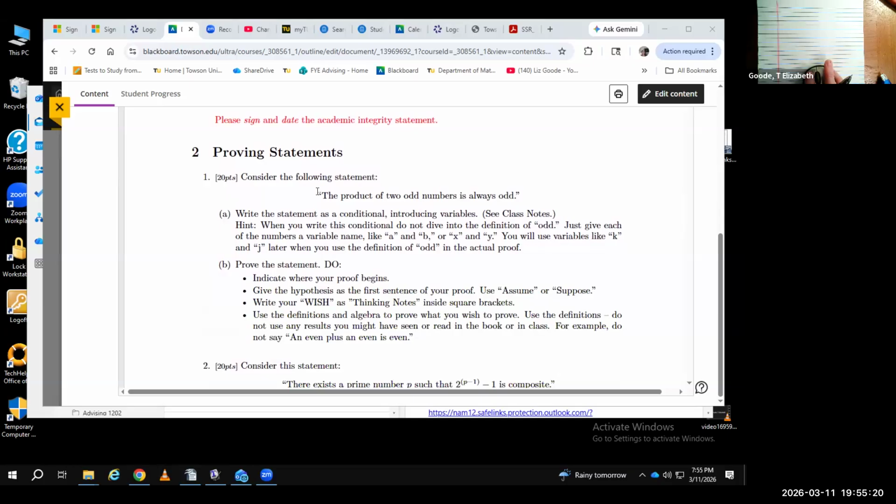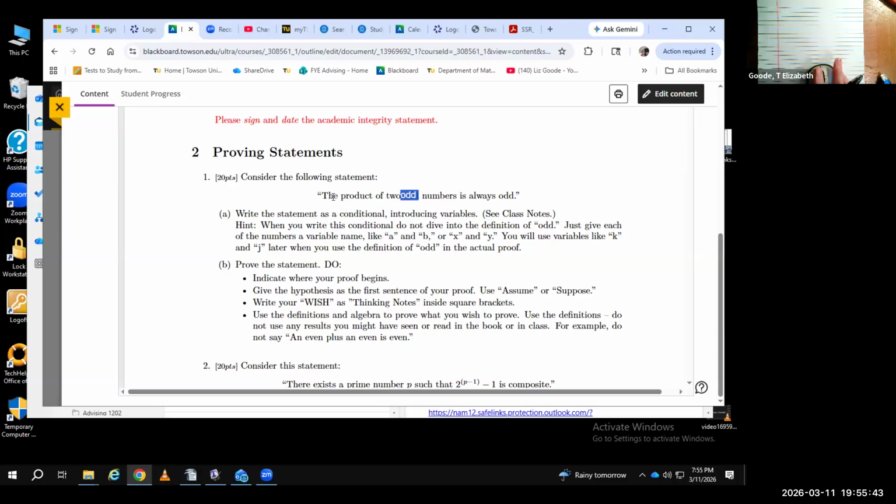Okay, so it talks about the product of two odd numbers is always odd. So what is the domain of the numbers that we're dealing with? Is it odd? Yeah, we're talking about odd numbers. Okay.